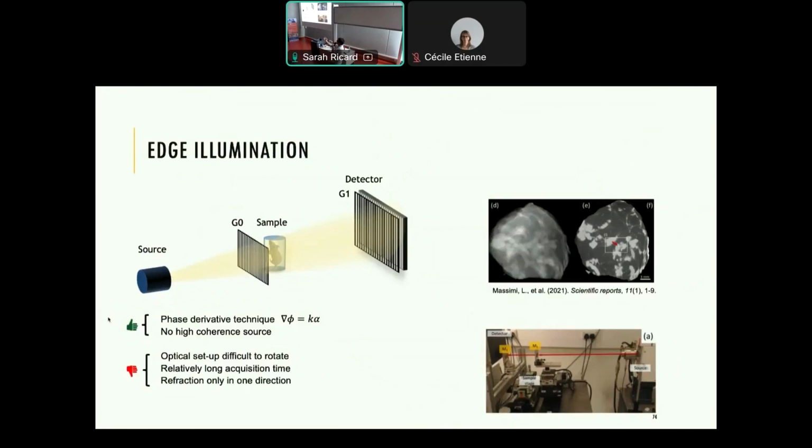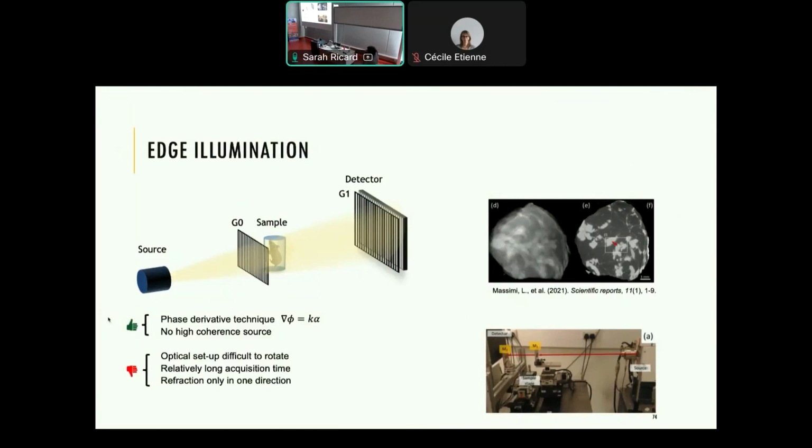If you misalign this second grid, what you see is the beams that were refracted, and thanks to that you see instantly the refracted beam.